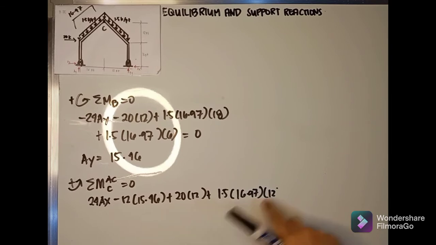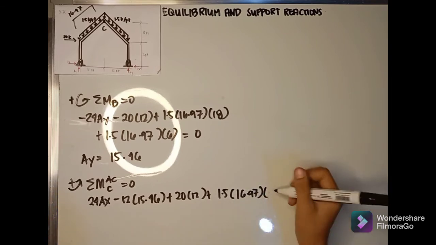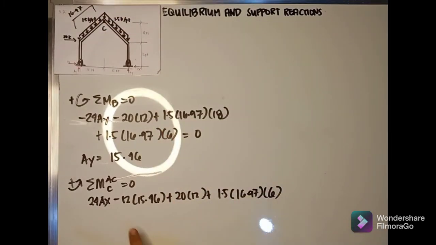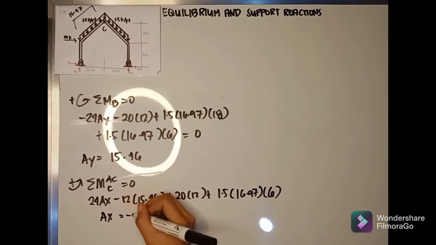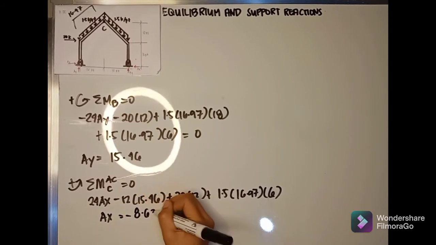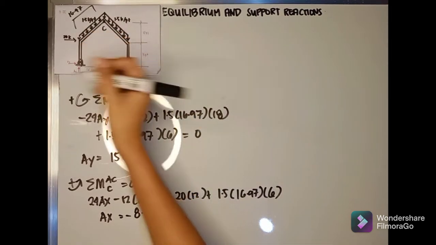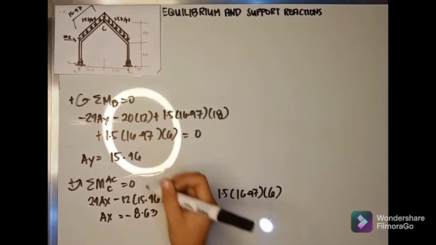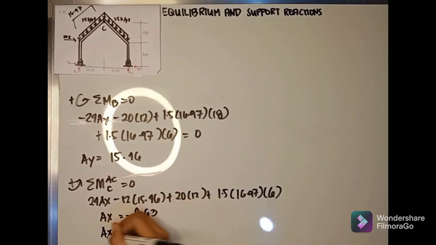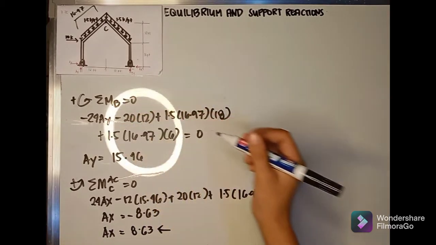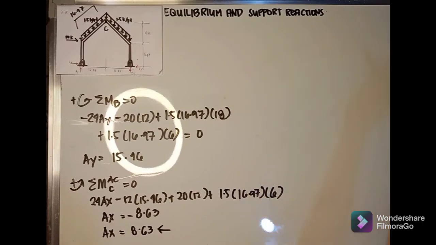Kasi 6 siya dito. Okay. So, solving for AX, we have negative 8.63. Therefore, mali yung assumption natin sa AX na to the right siya. Ang AX is magiging 8.63 to the left.